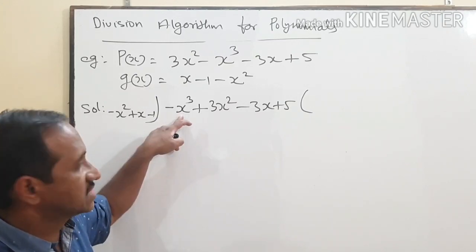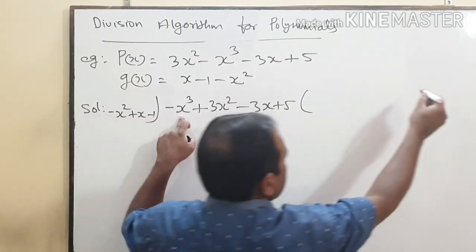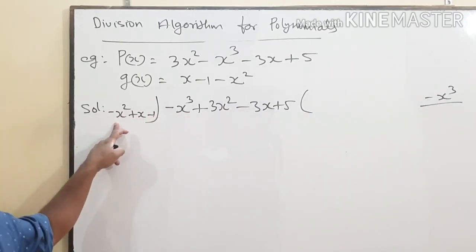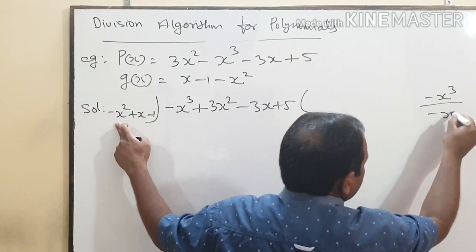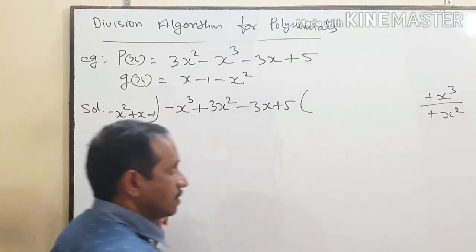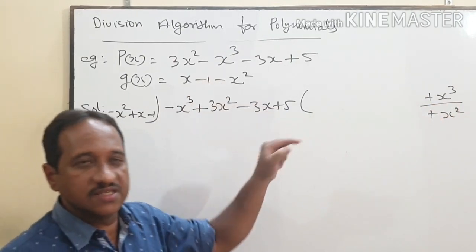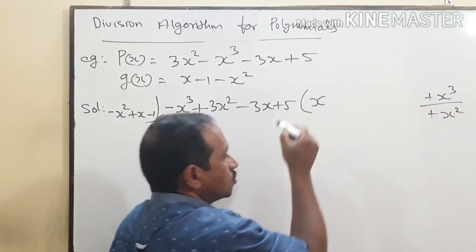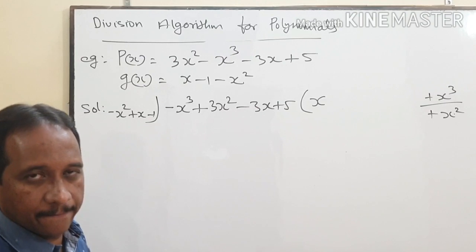Here we divide the first term, that is minus x cube, by the first term of the divisor minus x square. Minus minus will be plus, x cube by x square. X cube by x square, you will get x, and that we write in the quotient part.